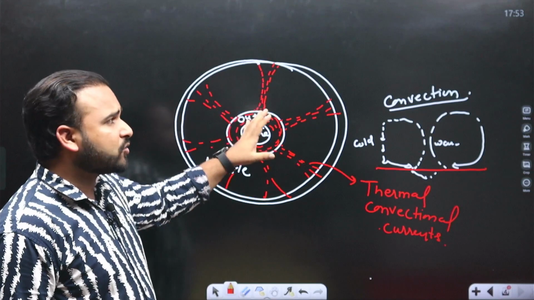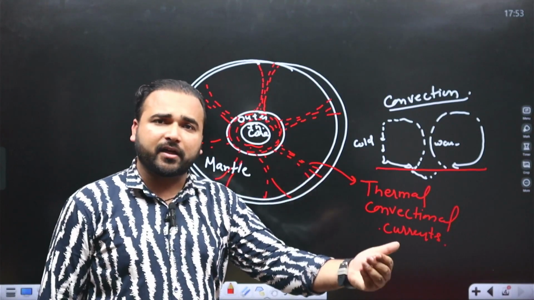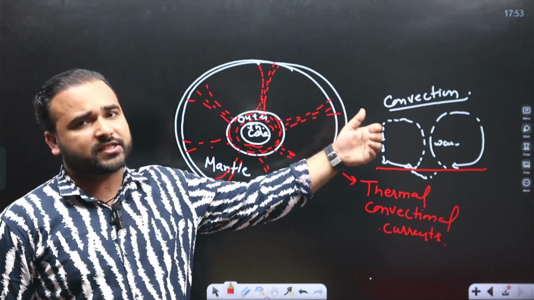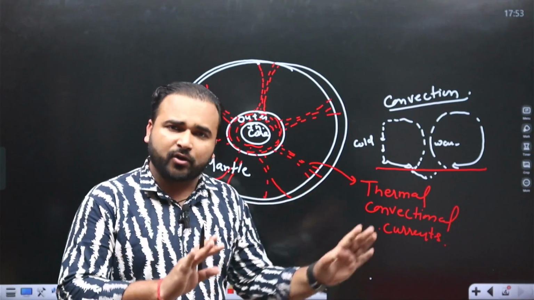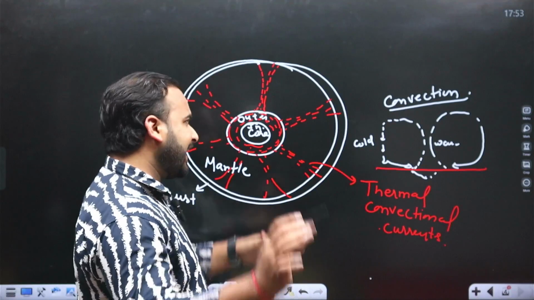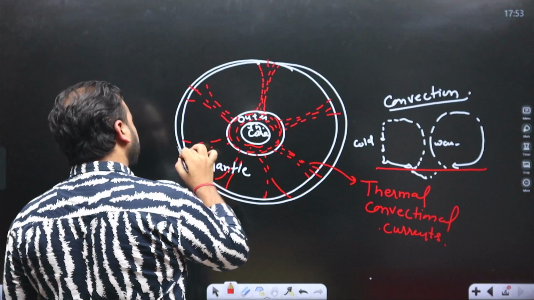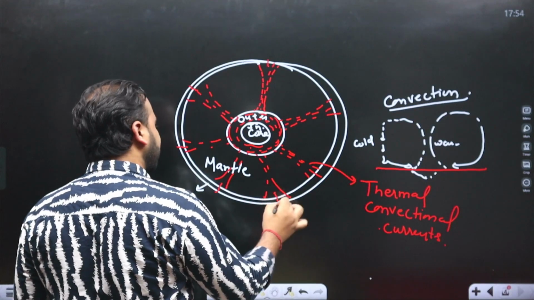Actually, the thickness of the lithosphere is 100 kilometers, so it is not easy for these currents to break the surface. But somewhere on the earth's surface they succeed, and cracks are formed in the earth's surface like this.